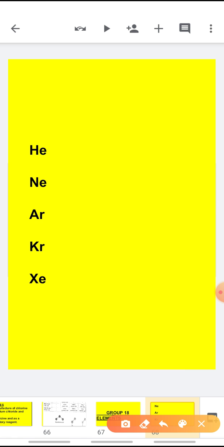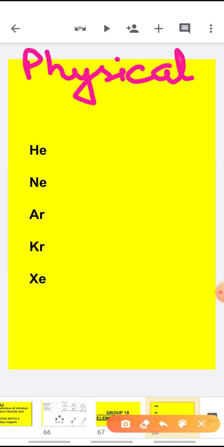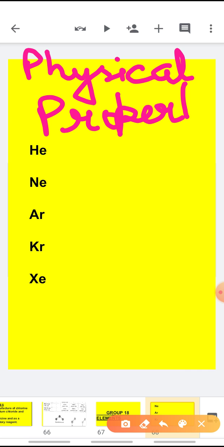Now next thing is the physical properties. Physical properties, you all know all these are present in the gaseous state.